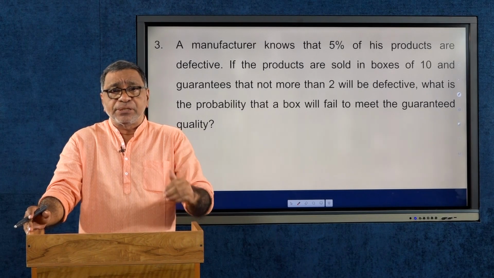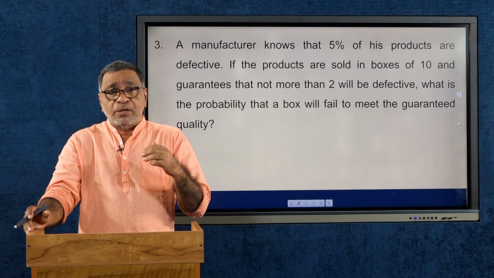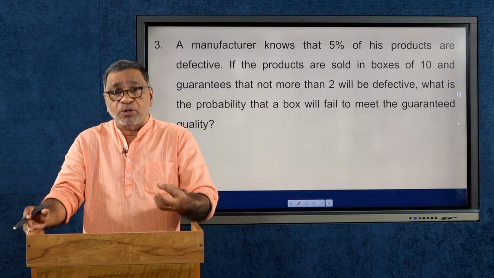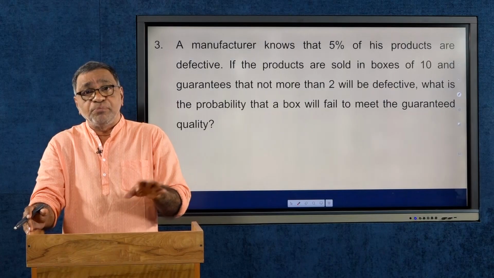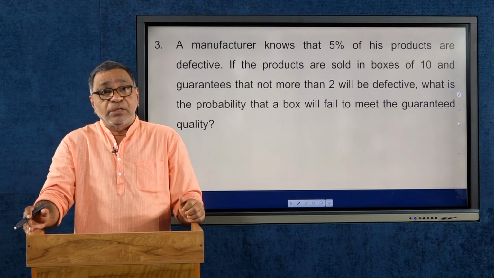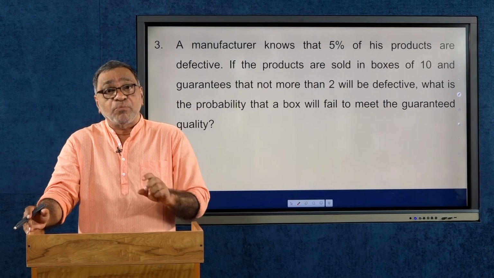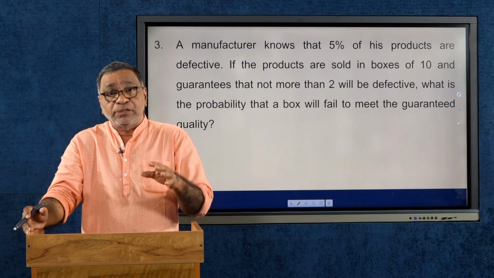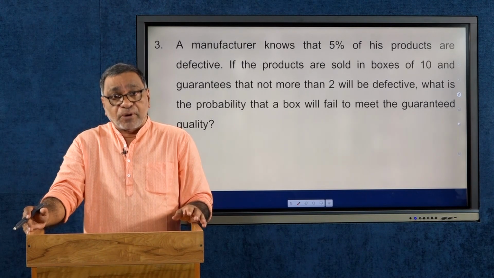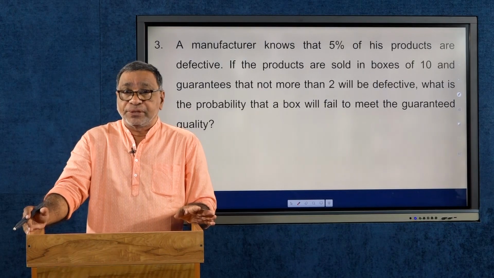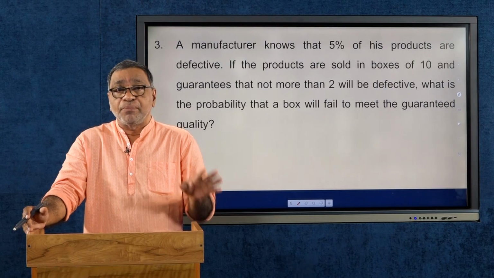Here you are required to find the probability that a particular box will fail to meet the guaranteed quality. What is the guaranteed quality? The guaranteed quality is that not more than 2 will be defective in a box containing 10 products. That is the guaranteed quality of the manufacturer.